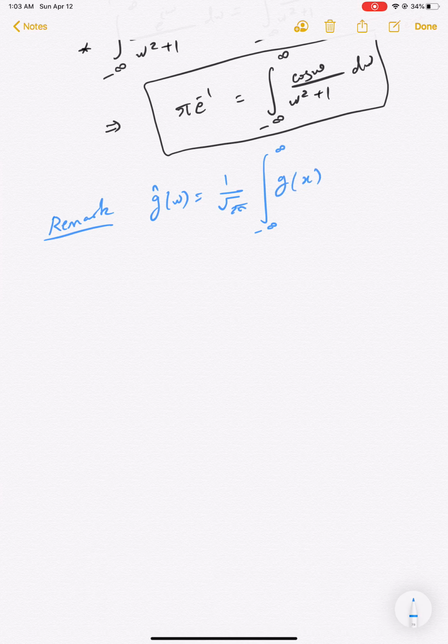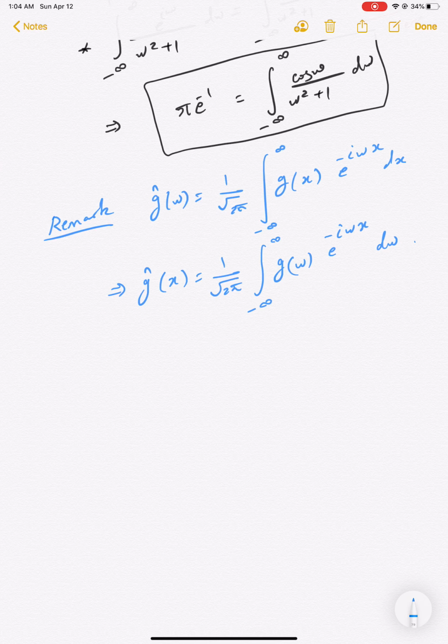So if I ask you what is g hat of x, because we are used to writing the Fourier transform in terms of omega, but we can write it in terms of x. So what is it in terms of x? It's the same thing, 1 over root 2 pi, but we just need to change the notations. So instead of g of x, you can say g of omega, e to the minus i omega x. I just want to switch them. You replace the omega by x, the x by omega, and you get basically the same thing.